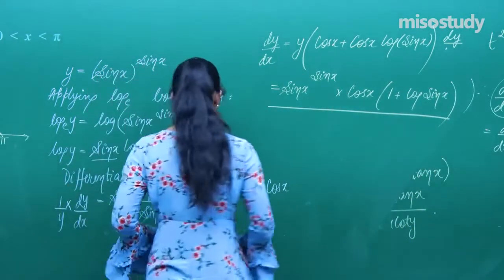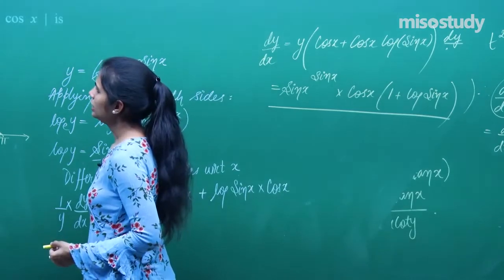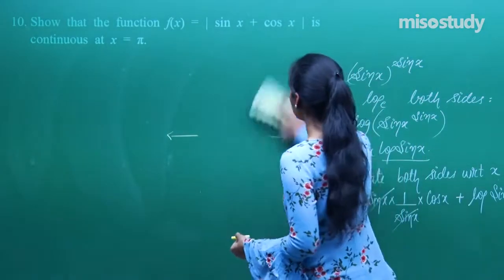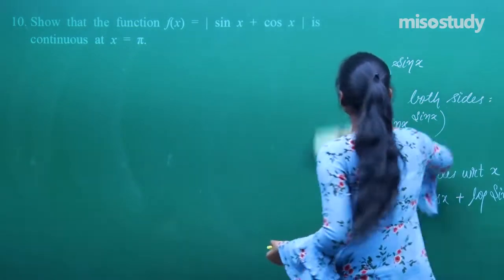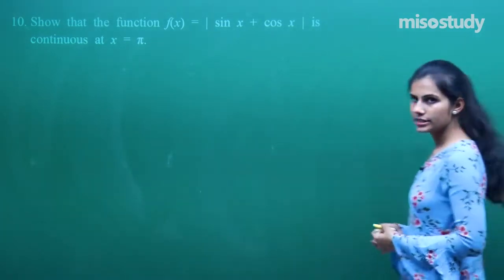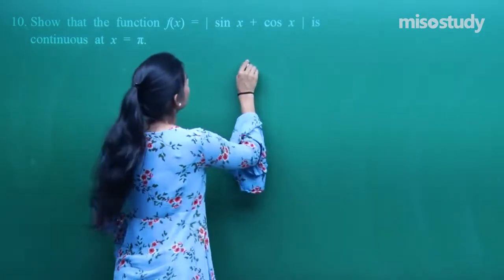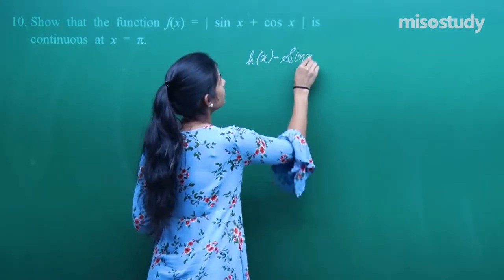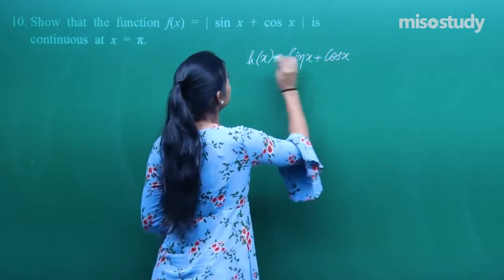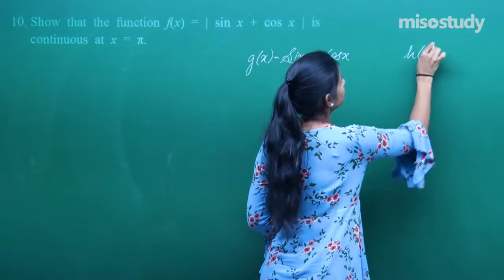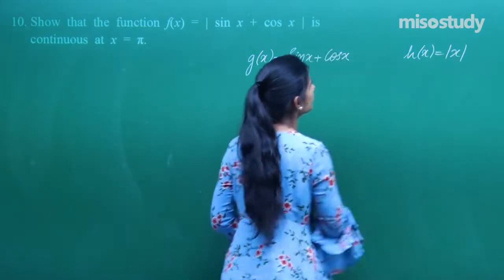Clear? Next question we have, show that this function is continuous at x equals pi. If you carefully focus upon this function, it is a composition of two functions, isn't it? I can say, let g(x) be equal to sin x plus cos x, and h(x) be equal to mod x.